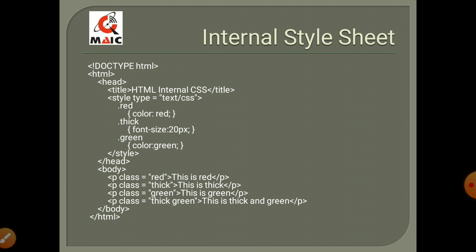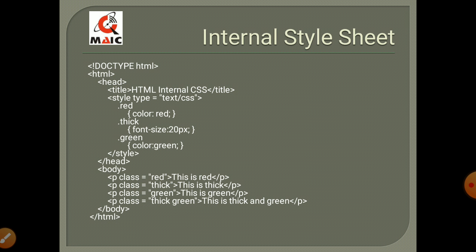The thing to be noticed is that when we use it in the class, at the end we use semicolon, and these are the three different classes we are declaring in our CSS, and then we are closing the style tag, and the head is being closed. And how do we use it in the body of the HTML?